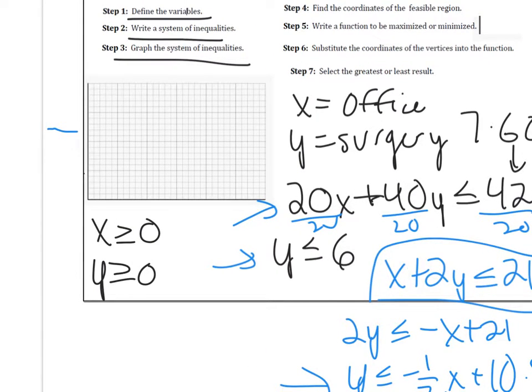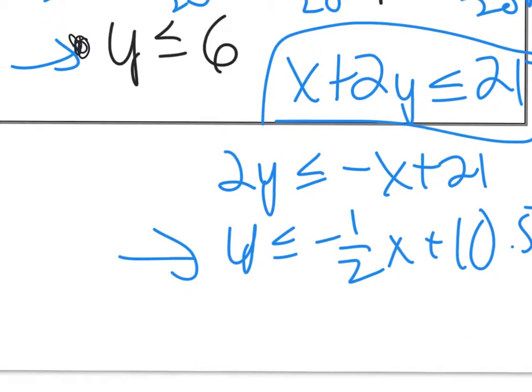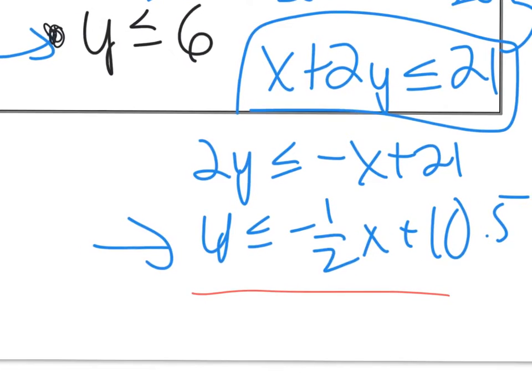So if I look here, y's got to be less than or equal to 6. That's this one. So that's right here. And that's going to go down. Second one, y less than or equal to negative 1/2 x plus 10.5.